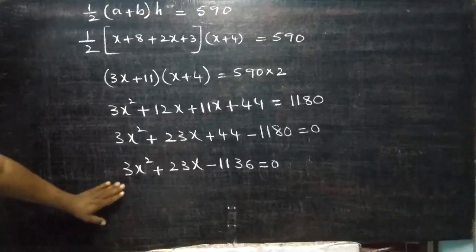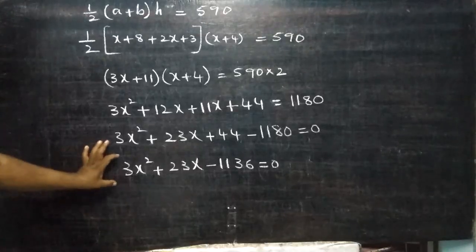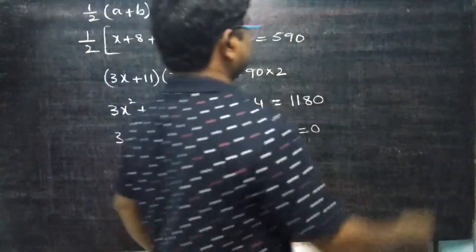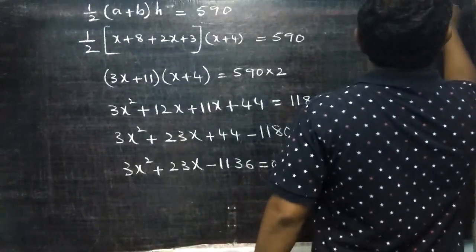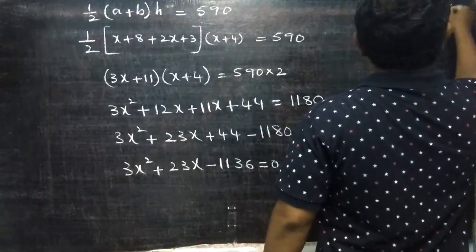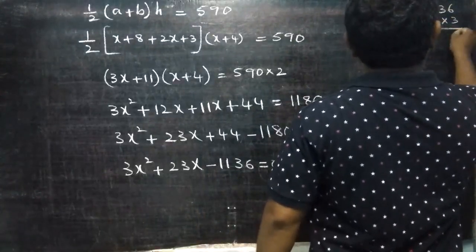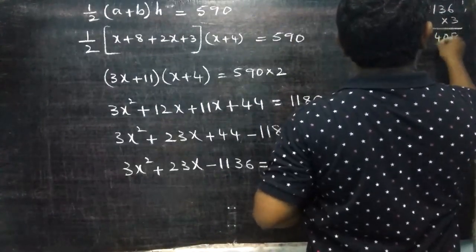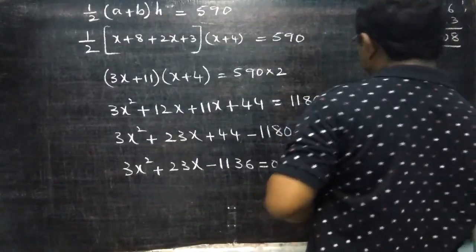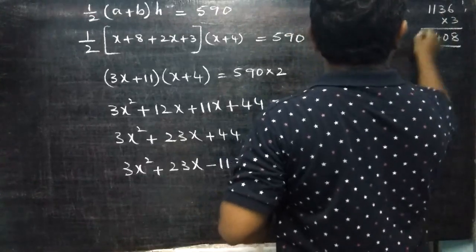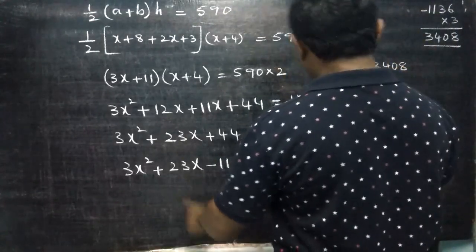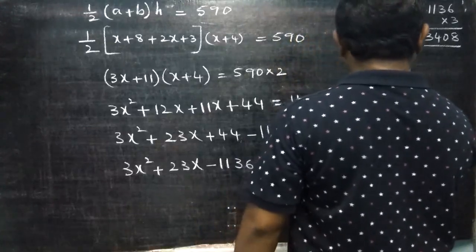Now you have to be careful in finding factors. For which number you have to find factors? 3 into 1136, which is 3408, and because minus is there, minus 3408. When you simplify, 23 should come.